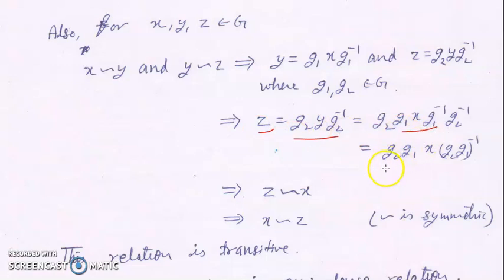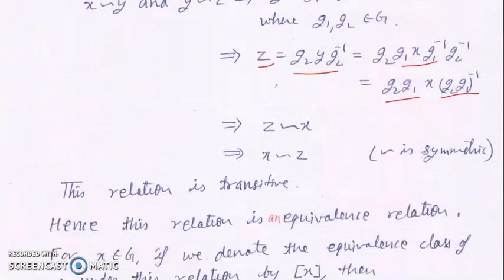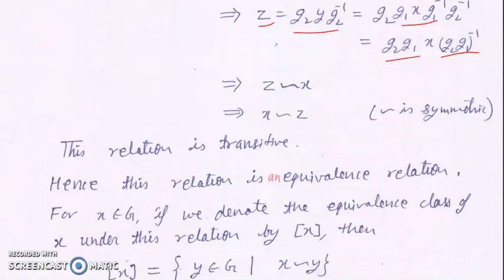So it means Z can be written as g2 g1 x (g2 g1) whole inverse. So it means Z is related to X, but relation is symmetric, so X is related to Z. So what we have shown is that X is related to Y and Y is related to Z means X is related to Z, so this relation is transitive. So this relation is an equivalence relation because it is reflexive, symmetric and transitive.